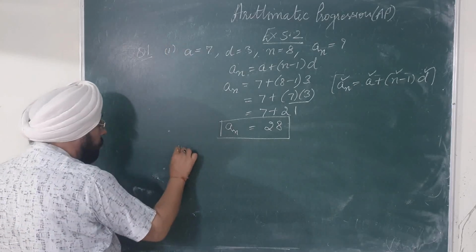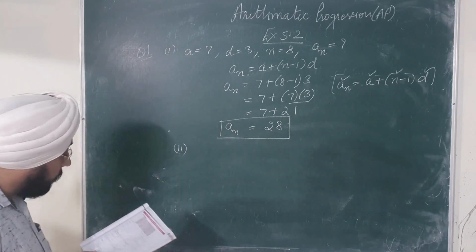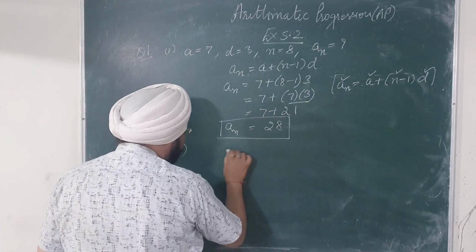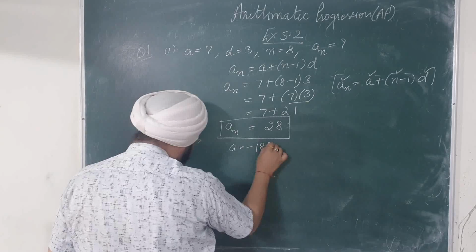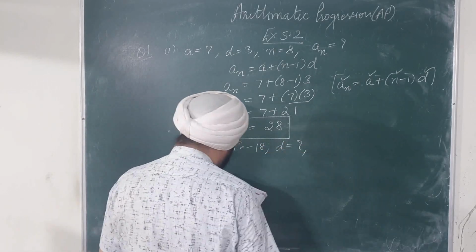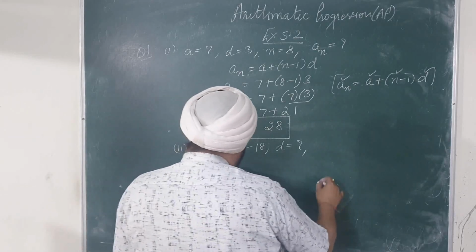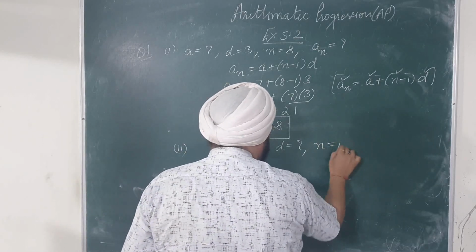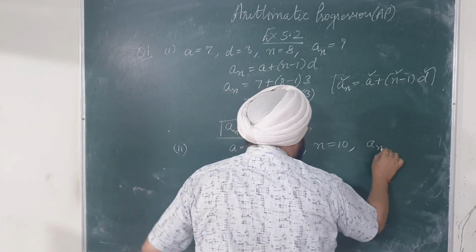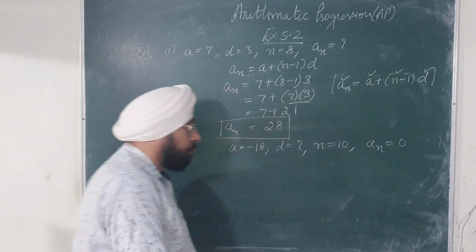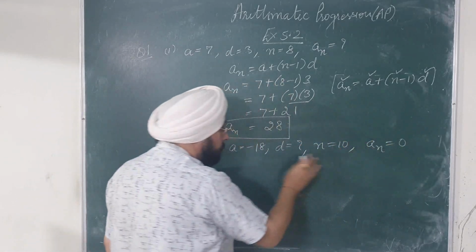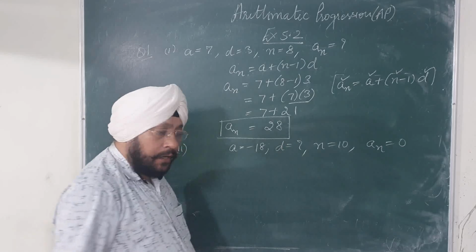Now let's see what is part 2. In part 2, we are given a equal to -18, d we have to calculate, n is equal to 10 and an is equal to 0. So again you can see out of these 4 terms, 3 terms are given to you and the 4th we have to calculate.